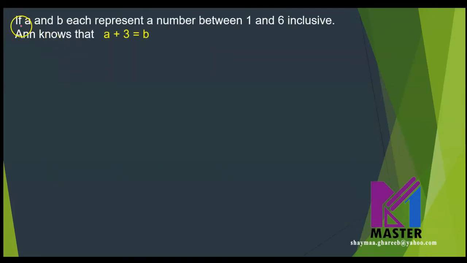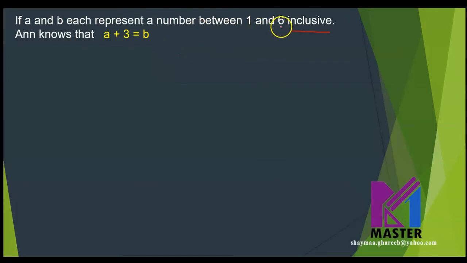Now look at this example. If A and B each represent a number between 1 and 6 inclusive. The meaning of the word inclusive is that 1 and 6 could be one of the numbers. They are included.